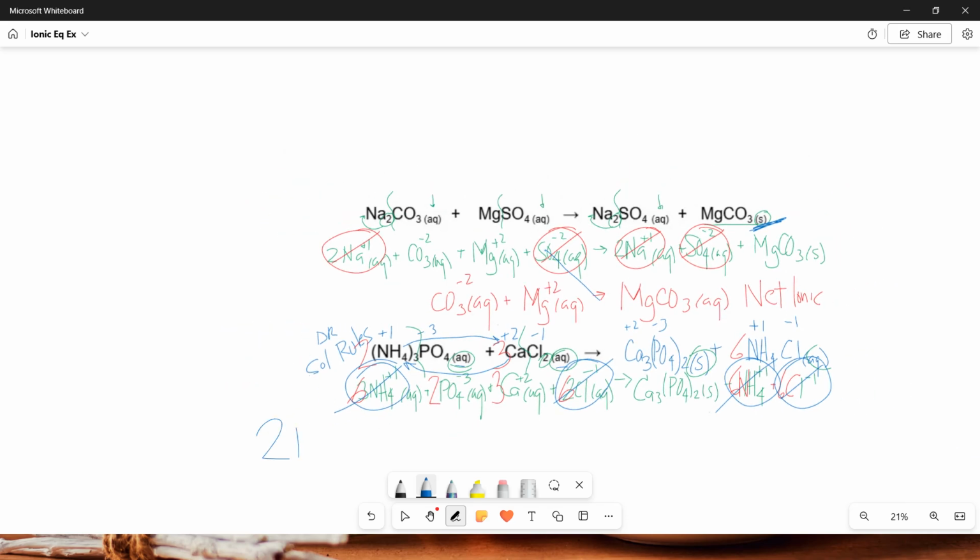What's remaining is 2 phosphate ions, or polyatomic ions, plus 3 calcium cations, aqueous, to produce calcium phosphate, and it is a precipitate or a solid, and that would be my net ionic equation.